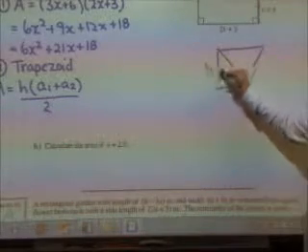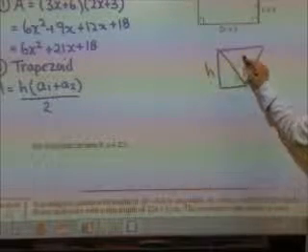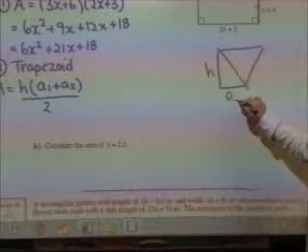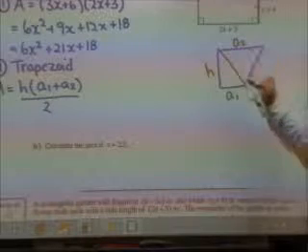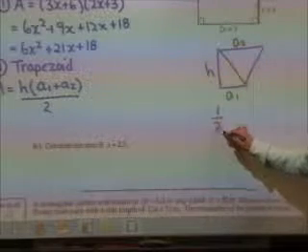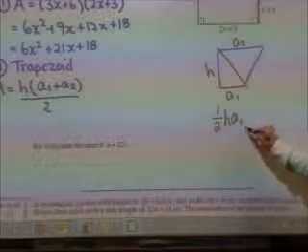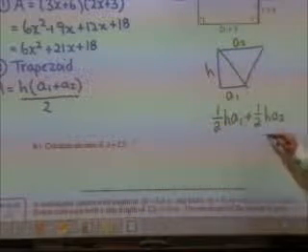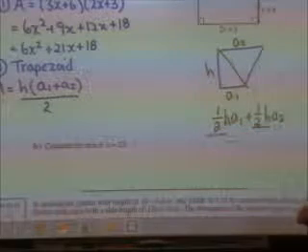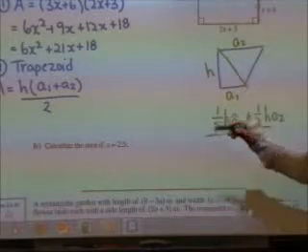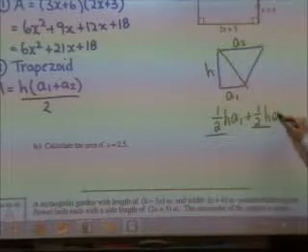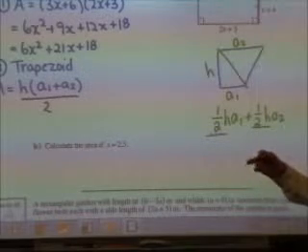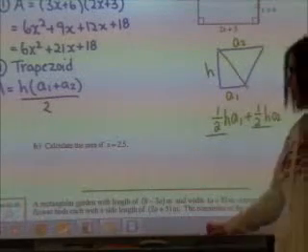My height is the same for both triangles. If I call this my first base and this my second base, I get 1/2 h times A1 plus 1/2 h times A2. Because the 1/2 and the h are common to each of them, I can take them out and add these 2 together first. So it's an explanation of where the formula comes from.